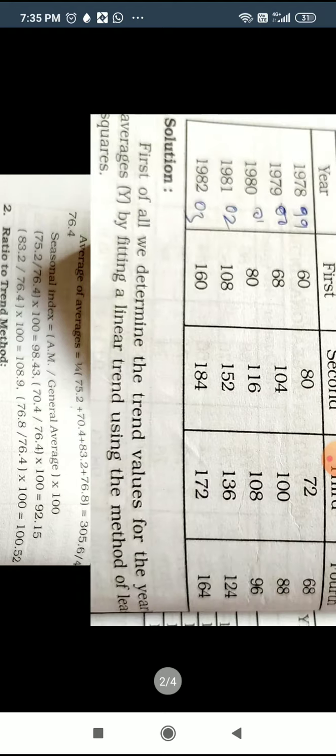First we have to calculate the trend value. For this we will convert the quarterly values into yearly values, that is, the quarterly average for the year. It is better to take the computation of the straight line method by year, 1978, 79, like that.